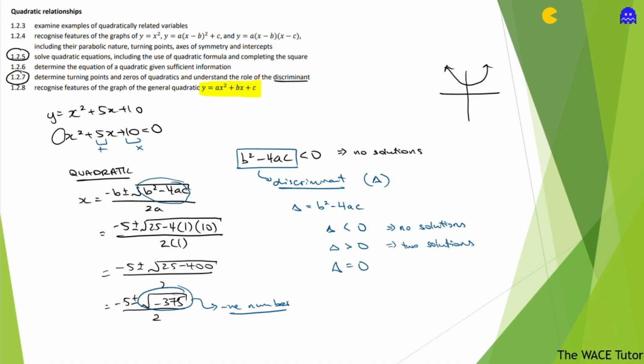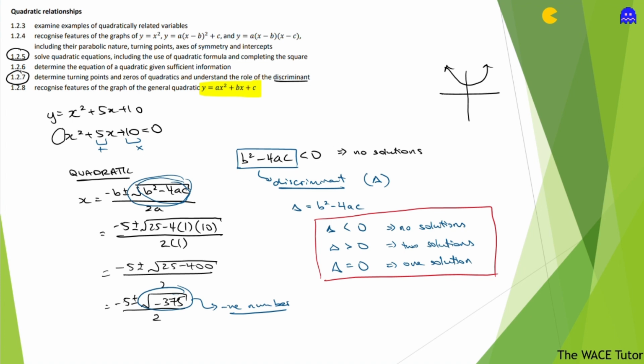And if this equals 0, that means it's minus b plus or minus 0, which means you only really have one solution, minus b divided by 2a. So here you have one solution. And this is a really central concept to solving quadratics.